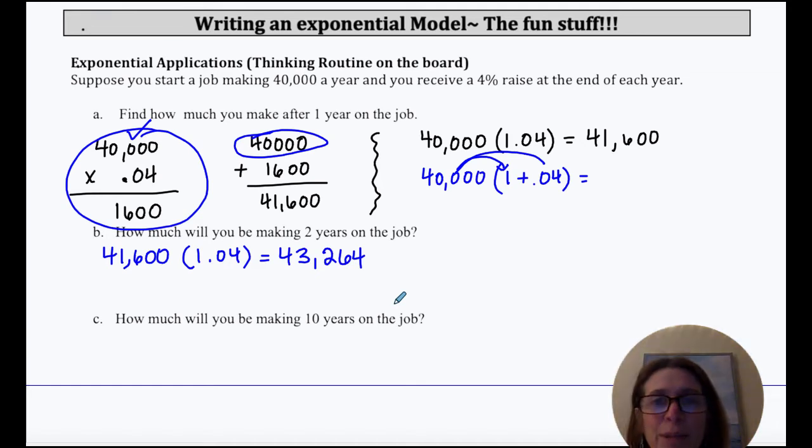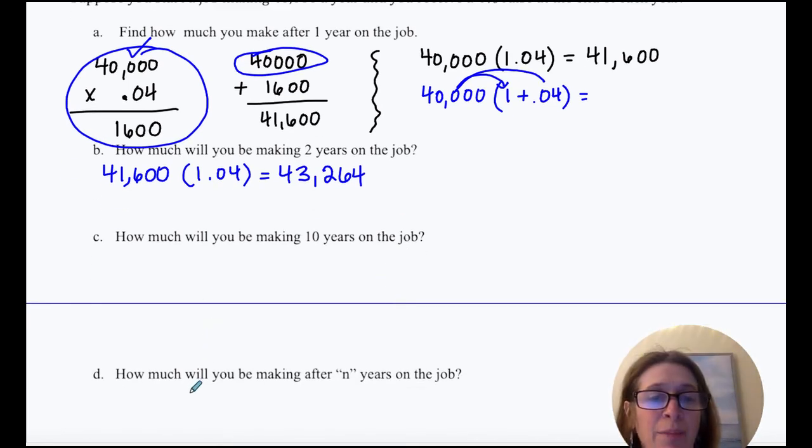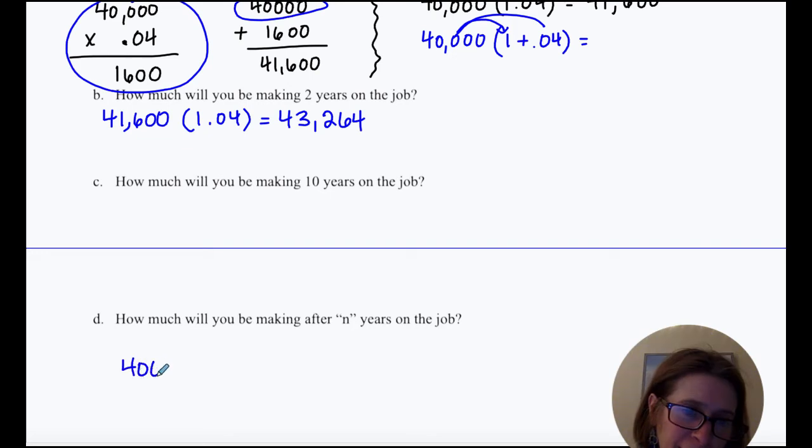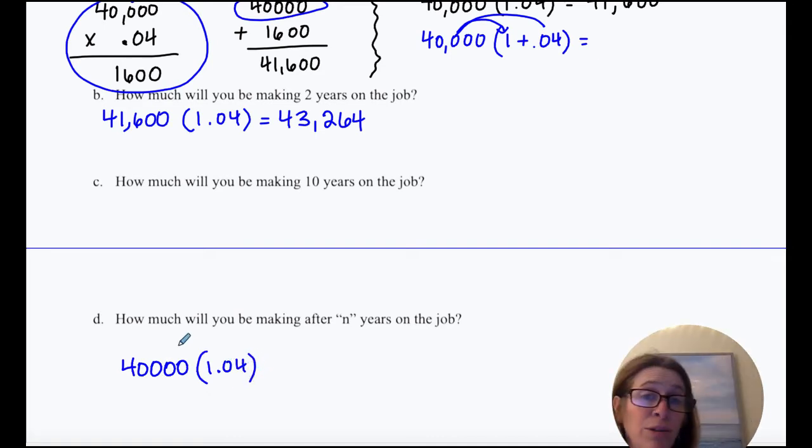This is where exponential models can help, okay? So if I want to know how much I'd be making n years on the job, I can take that initial value I started with, 40,000. We multiply it again by 1.04. But instead of multiplying by n years, I raise it to the n years.